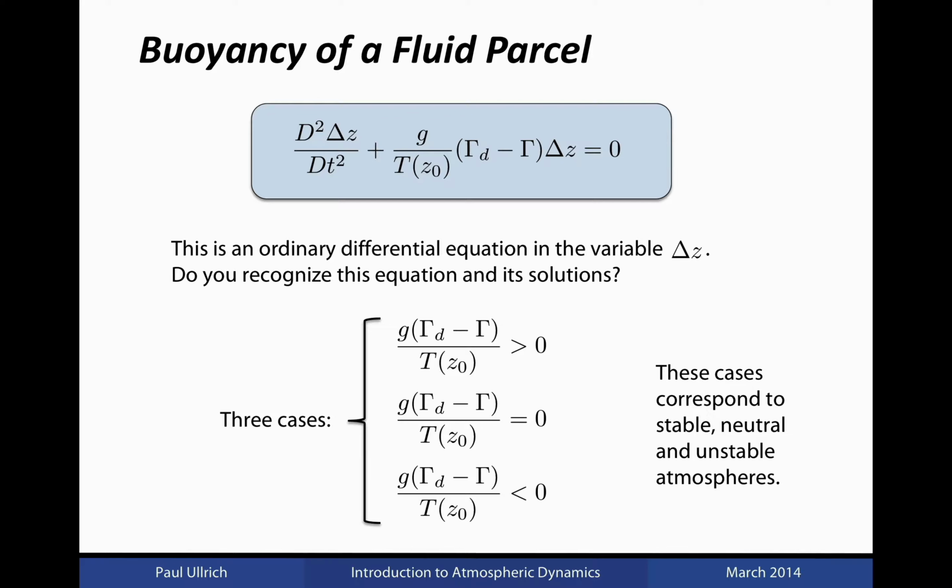Do you recognize the equation and its solutions? There are actually three cases that emerge from this differential equation. We can have that the constant is either greater than 0, equal to 0, or less than 0. These cases actually correspond to the case of stable, neutral, and unstable atmospheres, as we will now see.